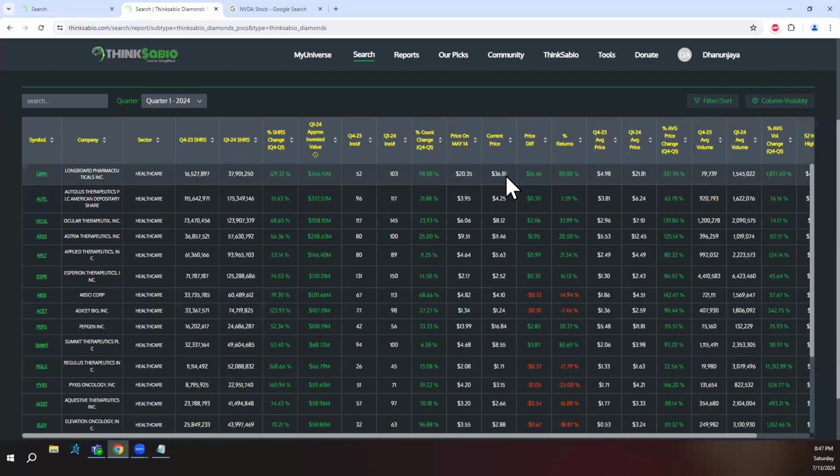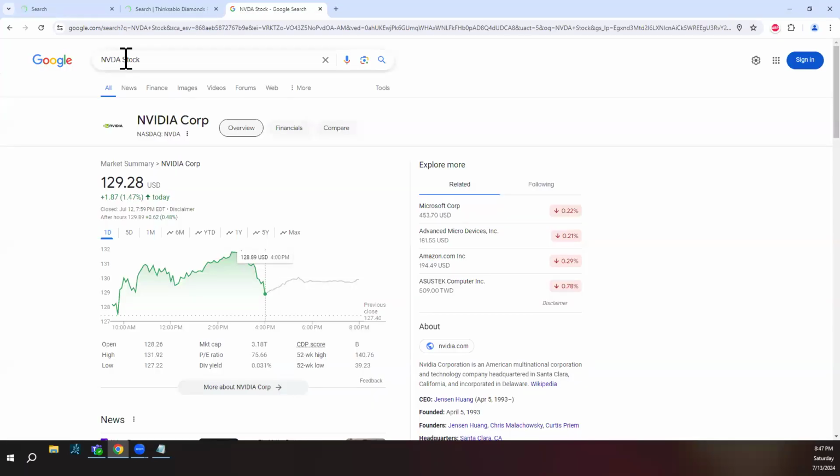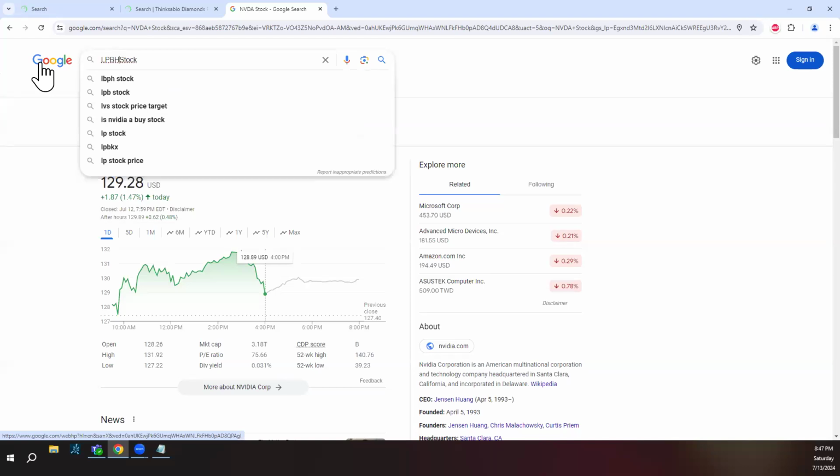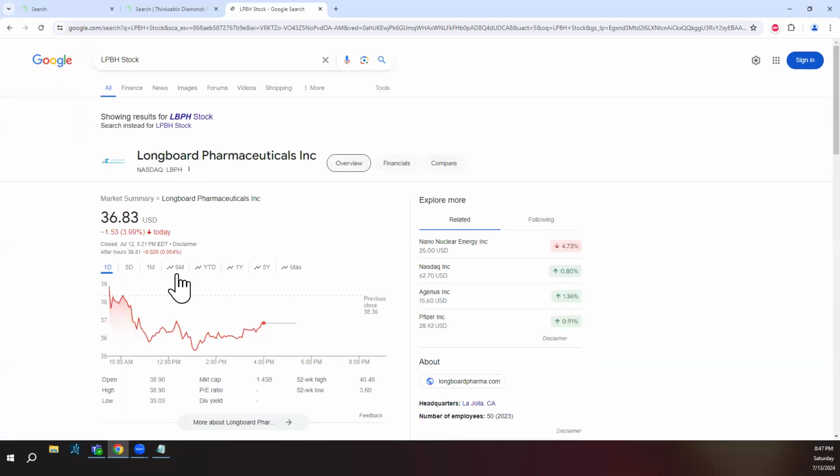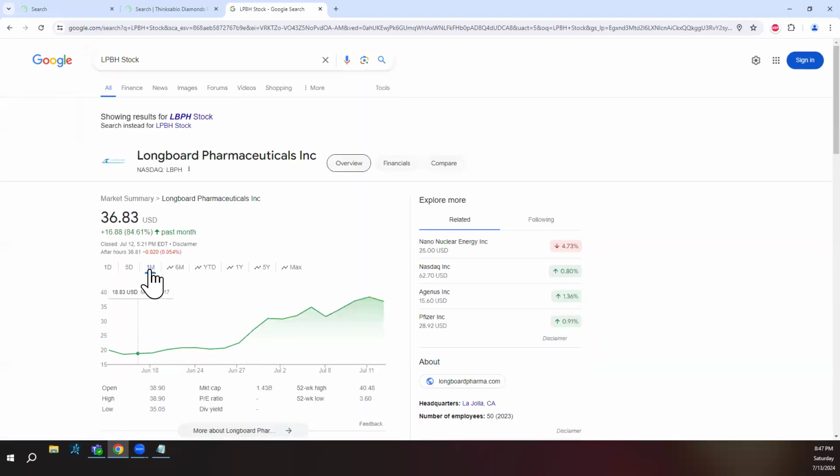It's just 3-4 weeks. My ThinkorSwim is down, they are doing some maintenance, I believe. But you see here, this is where I saw it, I think 24. Same with the reports of ThinkSabio, I came across it. But that's where there is risk and reward. If it's running, you don't know why, you don't want to take the risk.